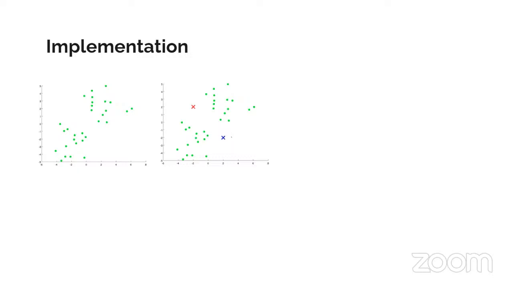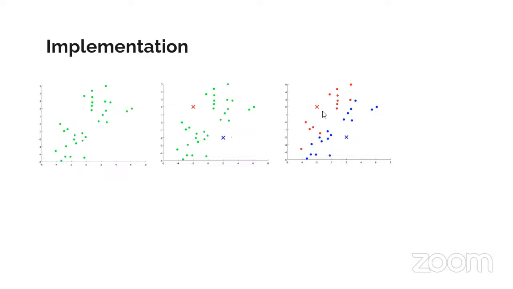Okay. See, I mark all the points that are closest to the red one as red, all the points closer to the blue one as blue. Okay. This is the end result. What I would do again is I would discard those, calculate the centroid of the red cluster.